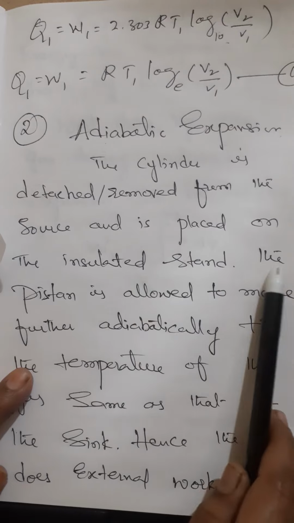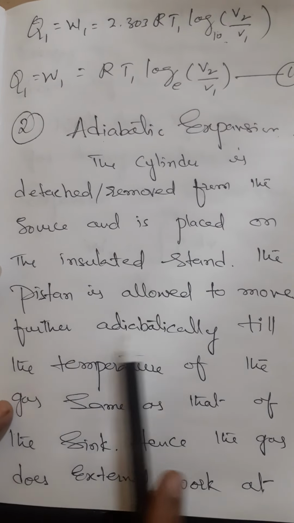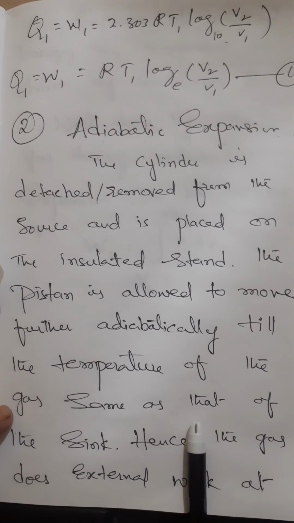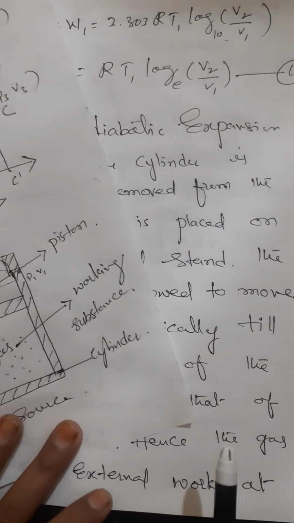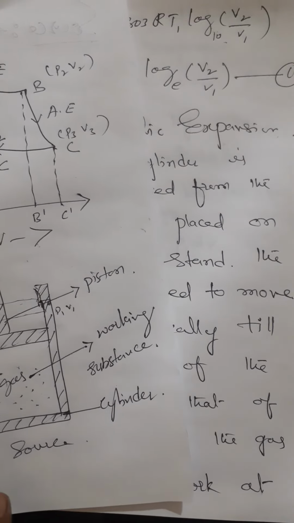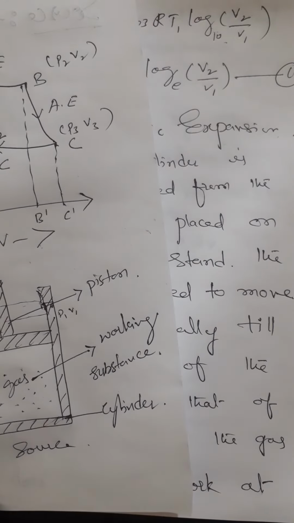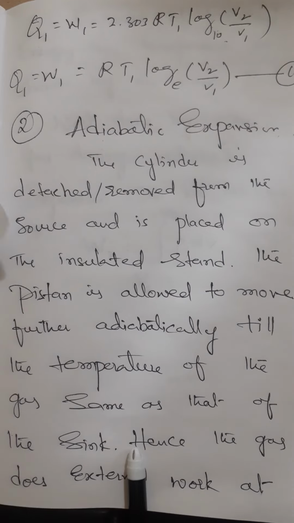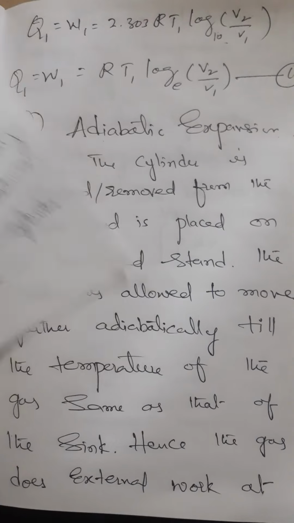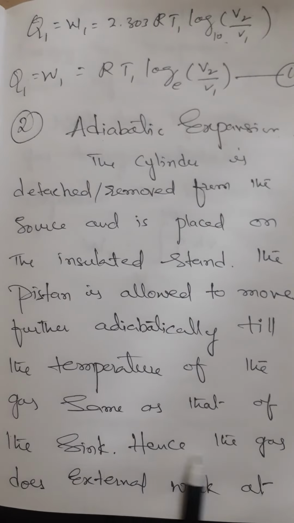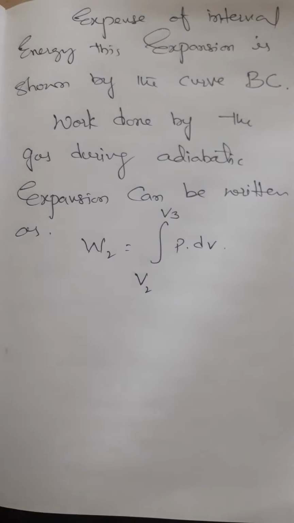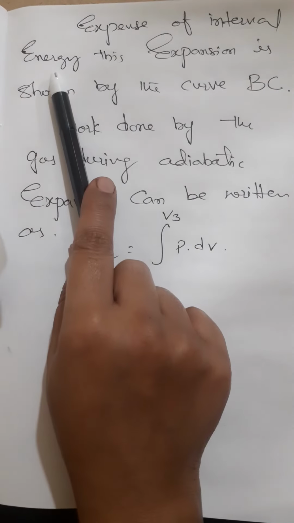The piston is allowed to move further adiabatically till the temperature of the gas is the same as that of the sink. Generally the sink is the surroundings, where the temperature of the gas and the temperature of the surroundings will be the same. Up to that point we move the piston in the upward direction. Hence the gas does external work at the expense of internal energy.